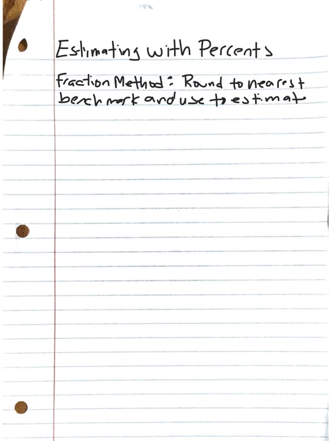As we've talked about in class, there are certain fractions and percentages and decimals that you should just kind of know. For example, we should know that 25% is 1/4, 50% is 1/2, 75% is 3/4.